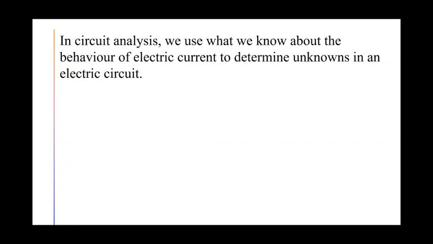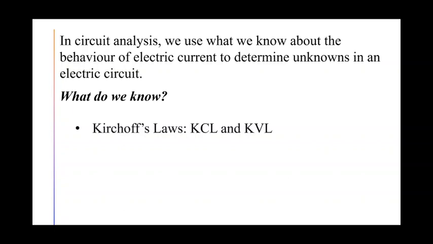So in circuit analysis, we use what we know about the behavior of electric current to determine unknowns in an electric circuit. So we might ask ourselves, what do we know about the behavior of electric circuits? Well, we know Kirchhoff's laws, and remember there are two of them, Kirchhoff's current law and Kirchhoff's voltage law.